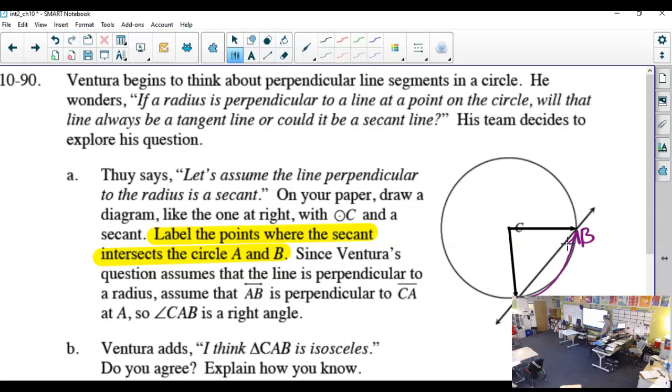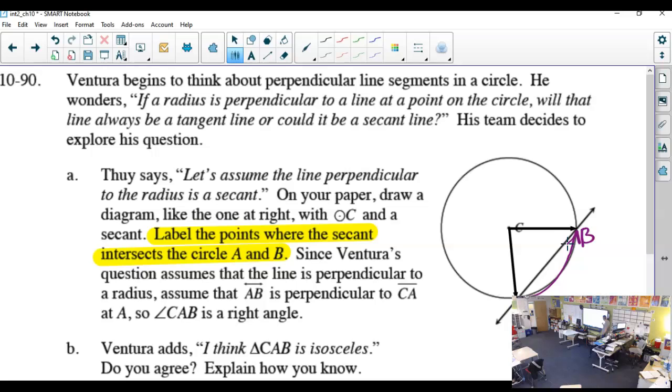But Ventura's question assumes that the line is perpendicular to a radius, right? And AB is perpendicular to CA. There's a bunch of assuming there. So Ventura adds, I'm thinking CAB is isosceles.